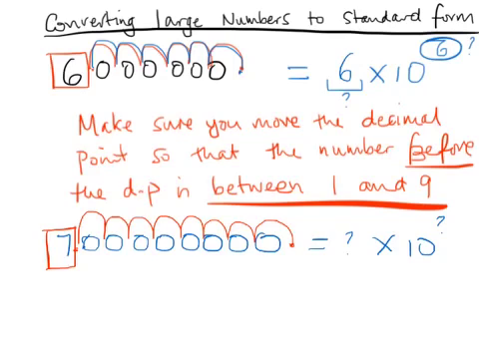Let's have a look and remind ourselves. 1, 2, 3, 4, 5, 6, 7, 8. And therefore, the power is an 8. The number that goes here is just the number that's before the decimal point, which is a 7.